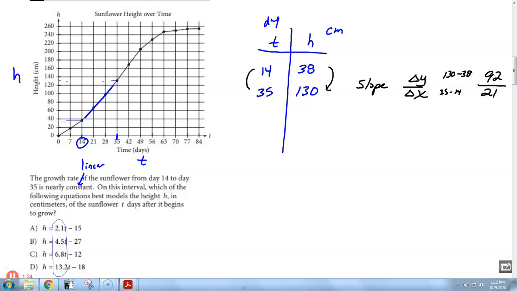So 92 divided by 21, I'm going to go to my calculator here. 92 divided by 21 is 4.38. So I think this is my slope, or somewhere around there. The only one that's really close to that, I believe, is B, because this is the closest number to a slope of 4.38.